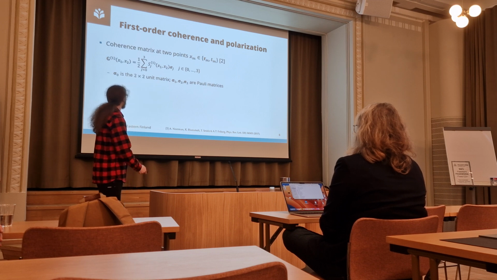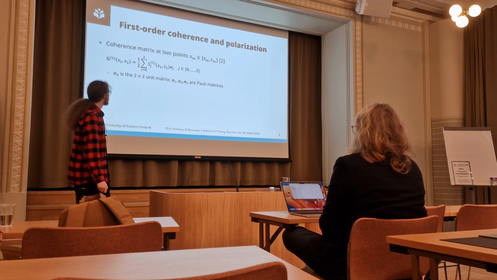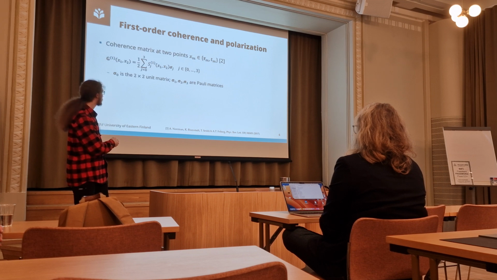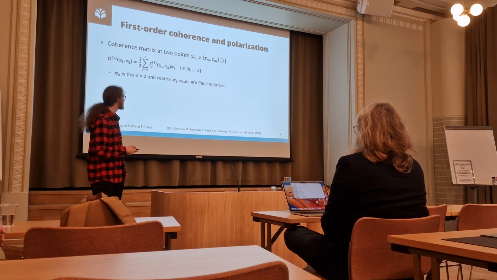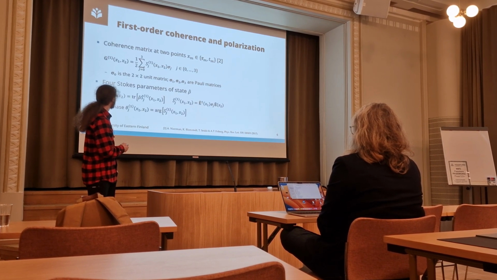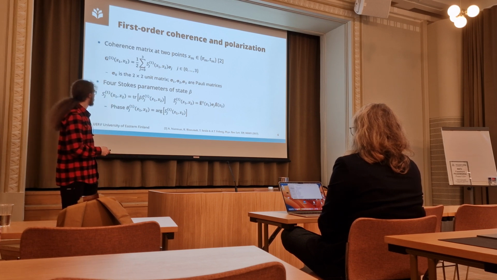Well, the coherence can be described between two points by a coherence matrix, which has factors that are known as two-point Stokes parameters, and these are fully measurable quantities through interferometric measurements. And these four Stokes parameters of some state have corresponding Stokes operators.